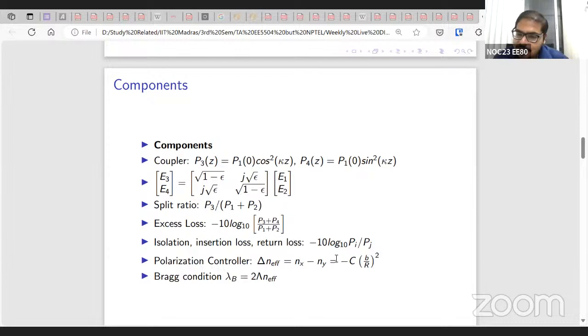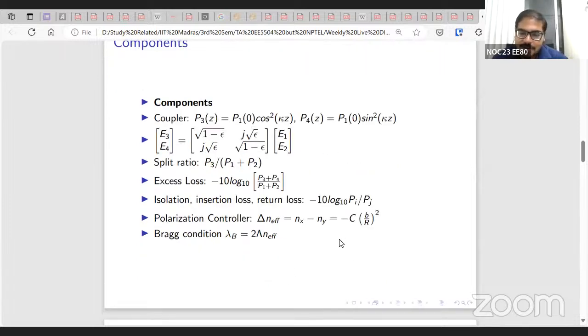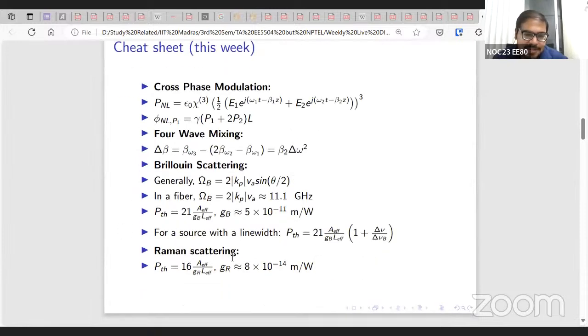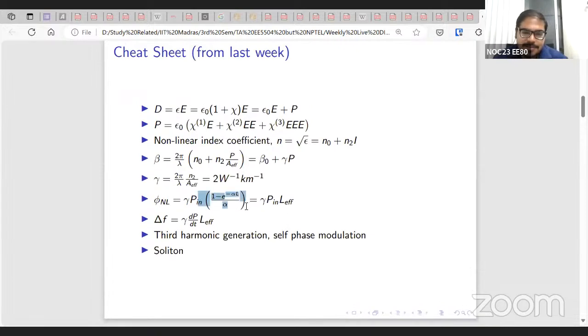And in the polarization controller, we saw this kind of equation, like how much birefringence you are introducing using some bend radius of R for a fiber radius of this. So these are all of the equations that we encountered. Most of the assignment for this week is based on this. You have to find L effective using this equation.